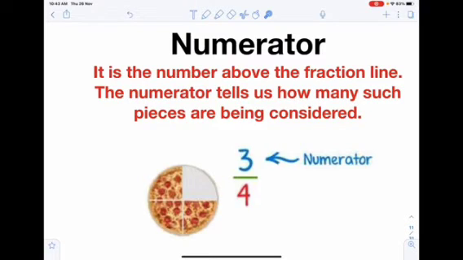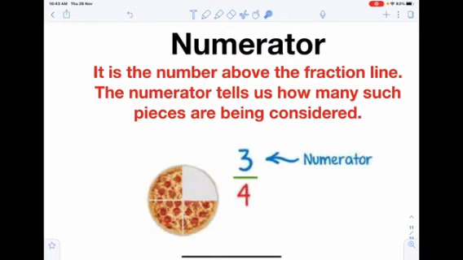Okay, children. Now, if I take this as an example, it's the whole pizza, and I have divided it into 4 equal parts, and I am left with 3 parts out of 4 equal parts. That is 1, 2, 3 and 4.